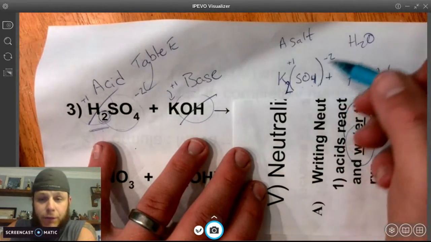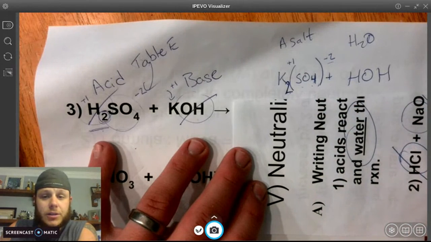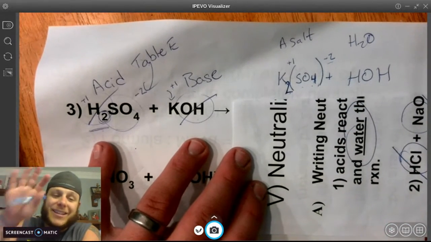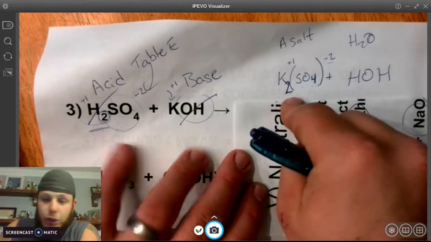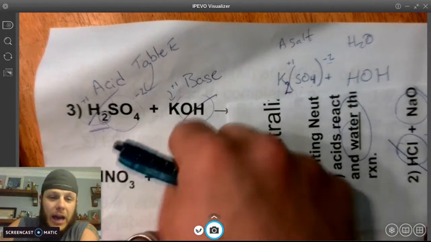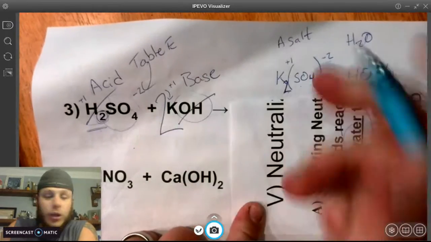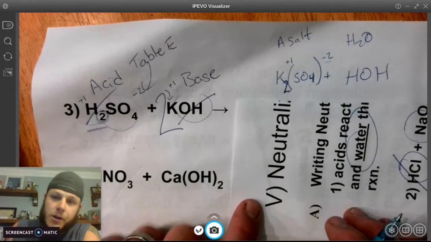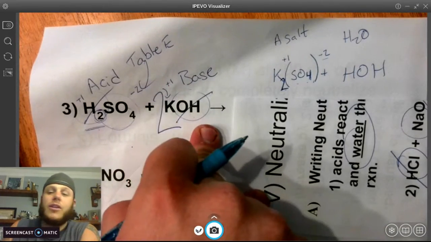So this is my formula, K2SO4 plus HOH. But we're not done yet. If there are 2 Ks over here and there's only 1 K over here, how many KOHs am I supposed to have? 2. Oh, geez.